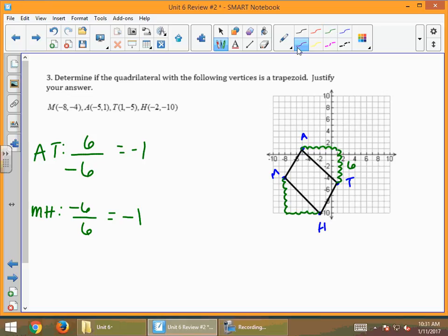So find the slope of the other two sides. Find the slope of MA. So count up. How far do we go up? 5. How far do we go over? 3. The slope of MA is 5/3. Find the slope of TH.